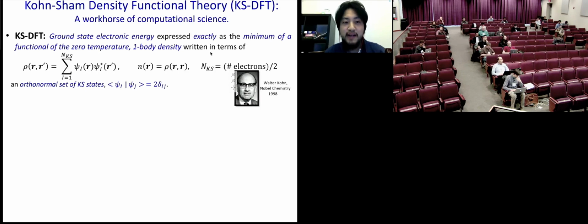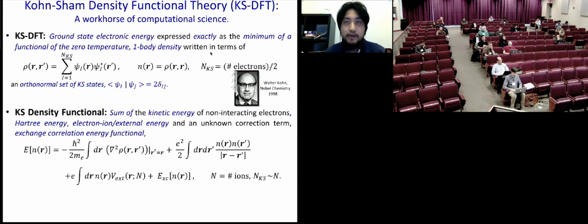The only unknown here is the local density, which can be decomposed into a series of Kohn-Sham states orthogonal to each other. The number of Kohn-Sham states here is the number of electrons divided by 2, so one state can accommodate 2 electrons, spin up and spin down.